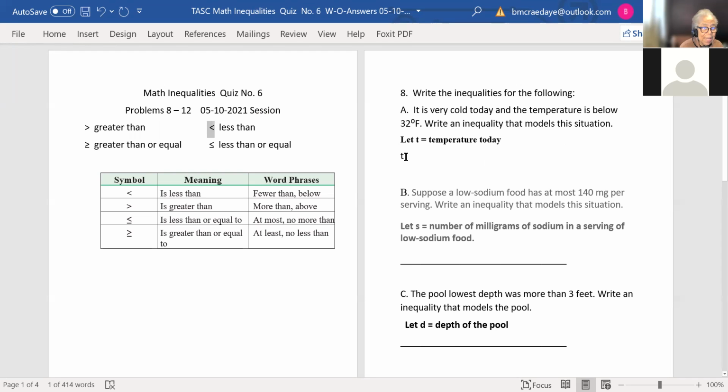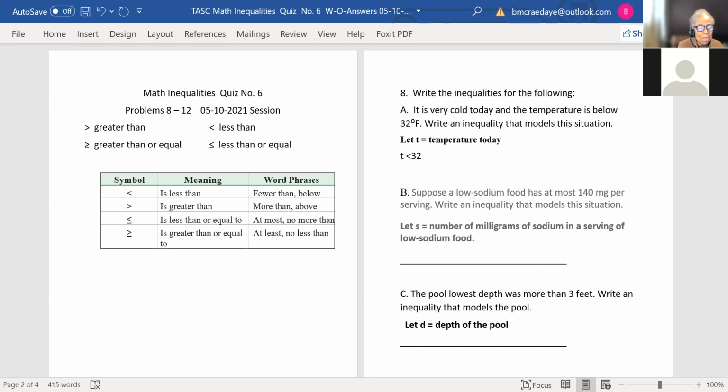So what is T less than? What value? 32 degrees Fahrenheit. That's right. Very good. The temperature is below 32, so it's less than 32. Okay, let's go to our next one.